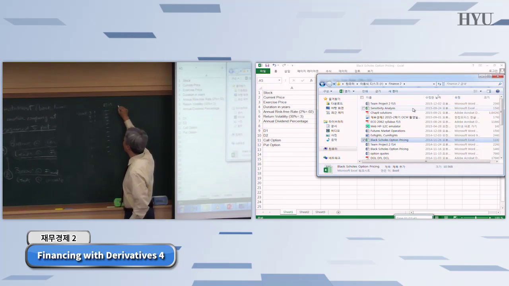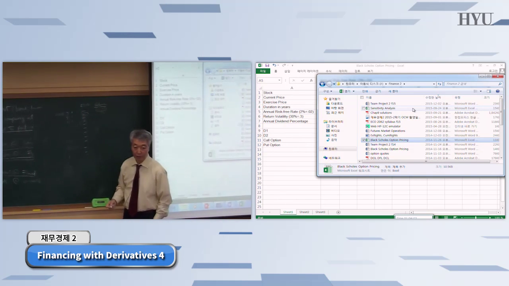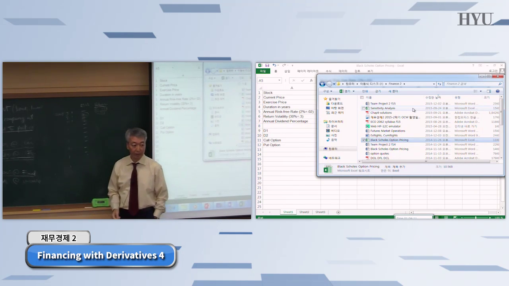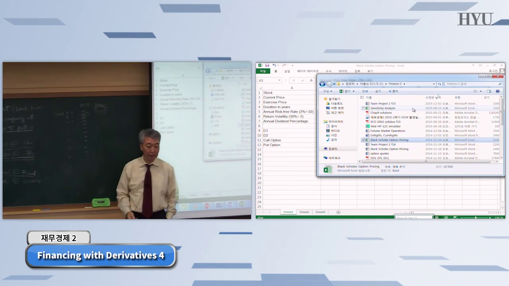And then you can calculate the return. Return will be what? February 1 price minus January 1 price divided by January 1 price. New price minus old price divided by old price. Then that will give you the return on that stock.